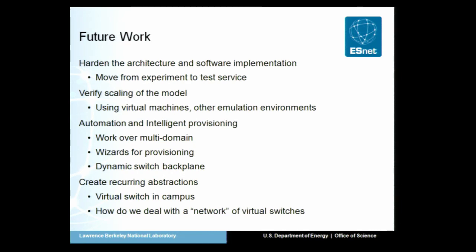We have all struggled with getting dynamic services into the campus. Maybe this abstraction and implementation in the campus can allow dynamic programmability in the campus as well. And then we have to deal with a network of virtual switches, but that's a problem and a solution for another day.